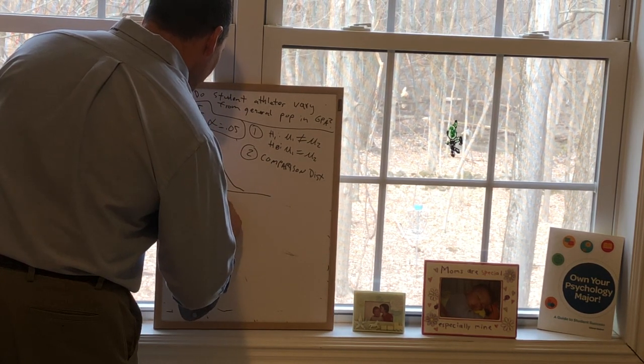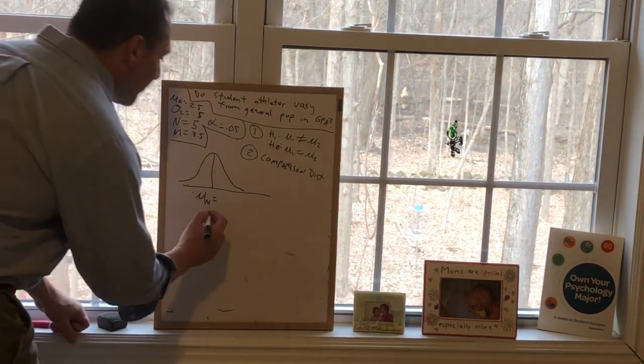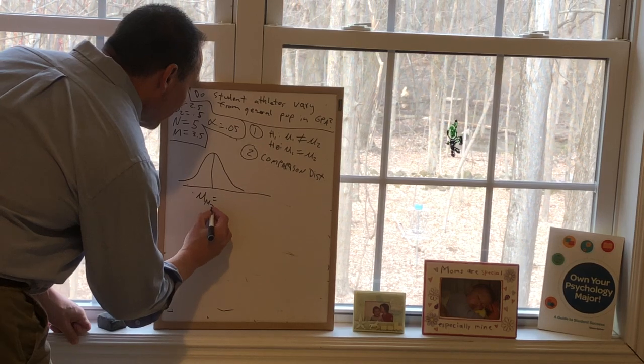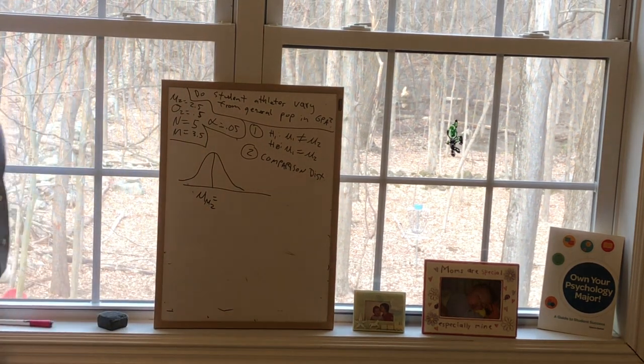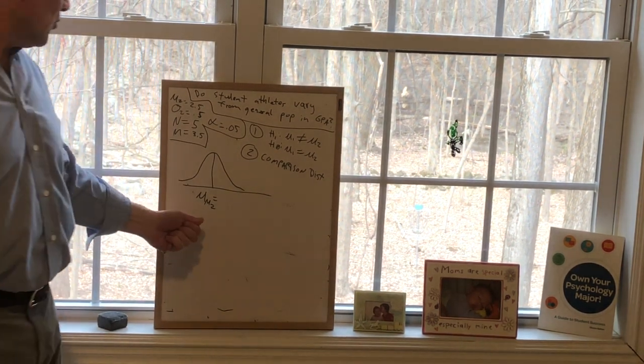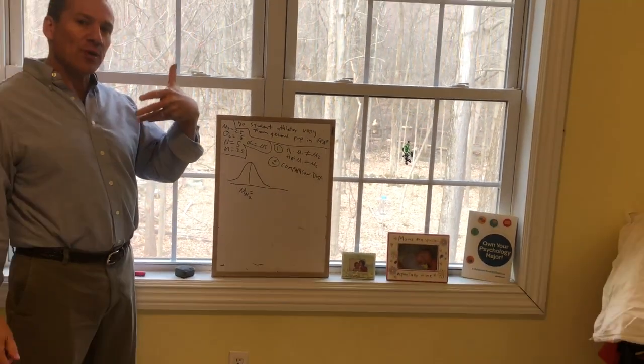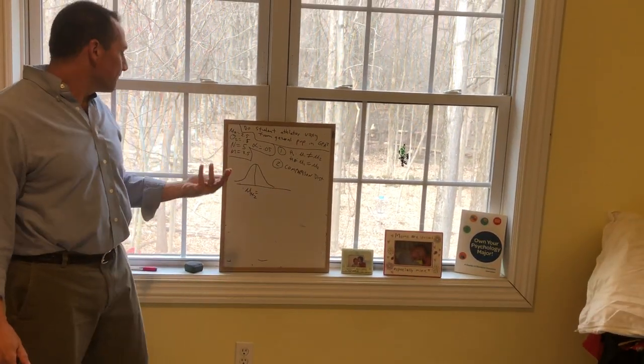So the mean will be represented by mu sub m. I like to put the number 2 right there. I'm going to put that as optional. It's going to be more relevant and more helpful for chapter 9, as we'll see. But 2 kind of as a vestige, because I use 2 to represent the general population.